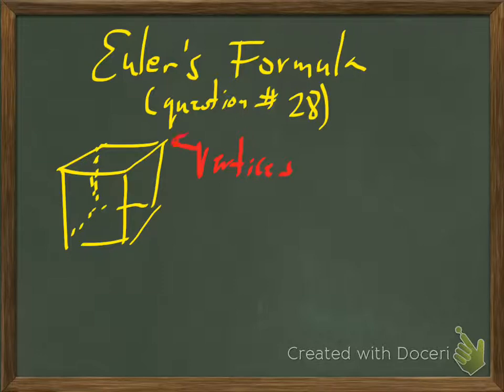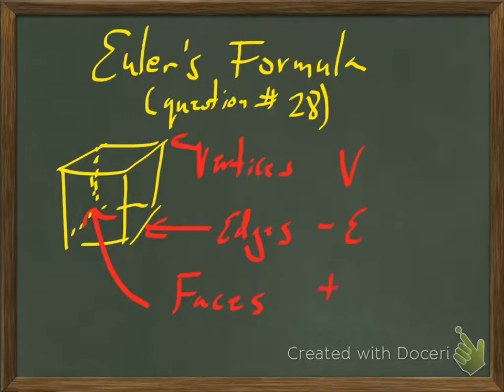Once again, we've got edges. Those are the sides. And then we have faces. It turns out that in any polyhedron, any three-dimensional polygon, if I take the number of vertices, subtract the number of edges, and add the number of faces, it always comes out to be the magic number 2.